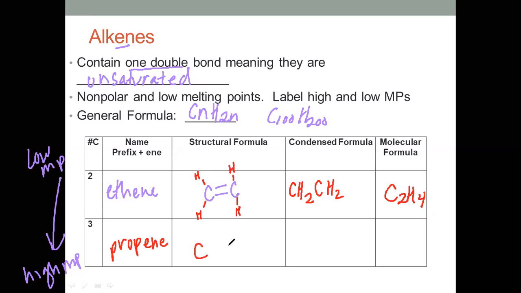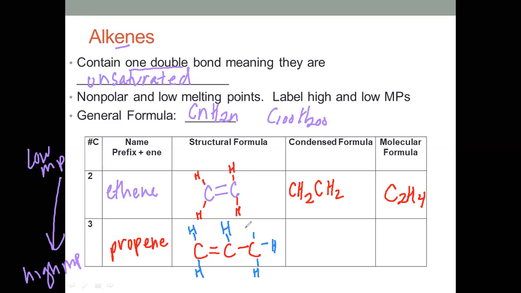Okay, C, C, C. So there's only going to be 1 double bond. You can put it at any spot. I'm just going to start putting it in the first one. So 1 double bond, that means the other one is a single. Okay, so let's count our bonds. 1, 2, so that means carbon 1 needs 2 hydrogens. Carbon 2 has 1, 2, 3 bonds, so that only needs 1 hydrogen. Carbon 3 has 1 bond, so it needs 3 hydrogens.